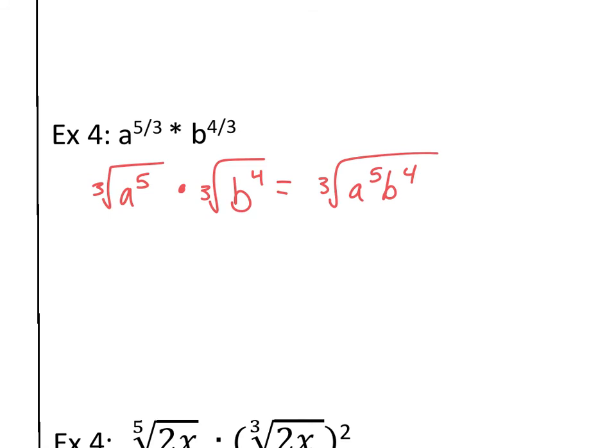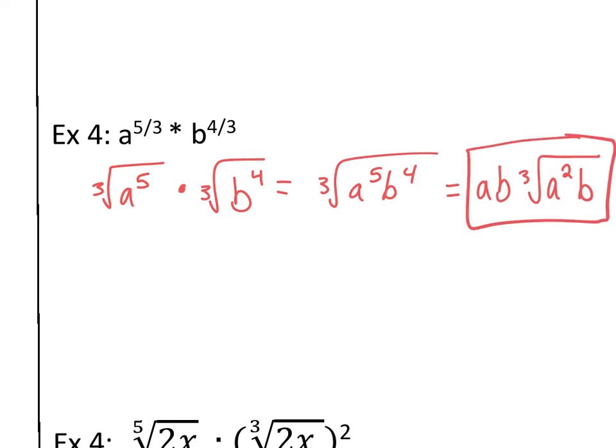And now I'm looking for groups of 3. Do I have any groups of a? How many? Just 1. How many groups of b? 1. And then what's left over? 2a and 1b. Okay. So that is my answer on that one. Good deal. Questions on that?